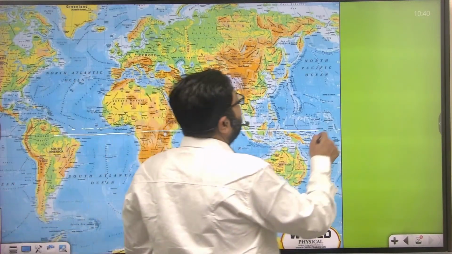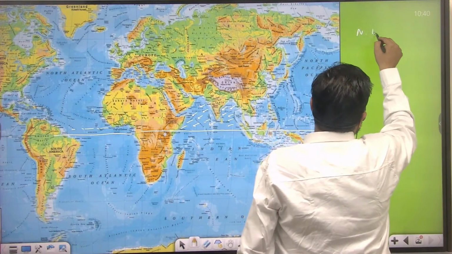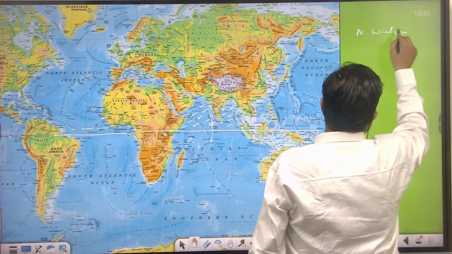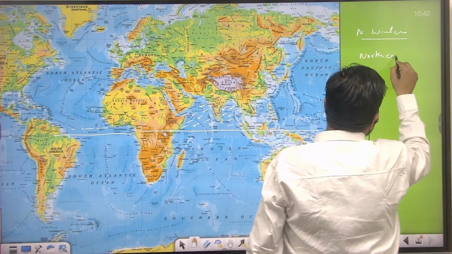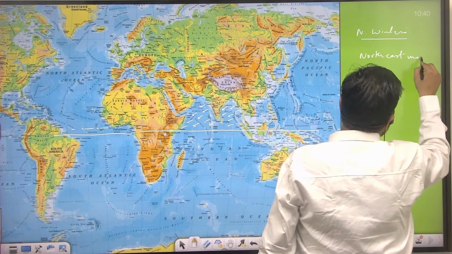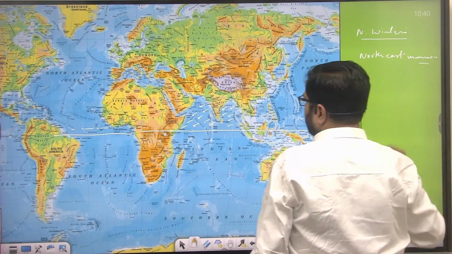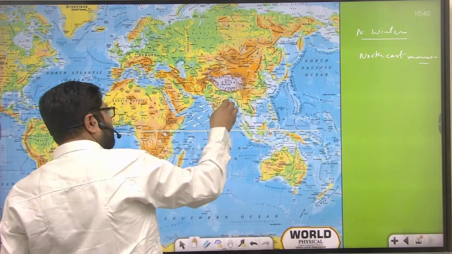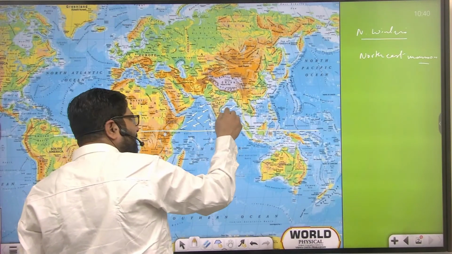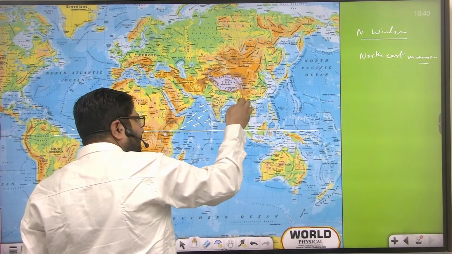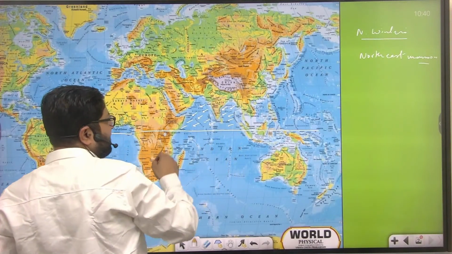During northern winters, under the impact of northeast monsoon, the surface water flows in the direction of prevailing wind in Bay of Bengal and Arabian Sea from east to west.